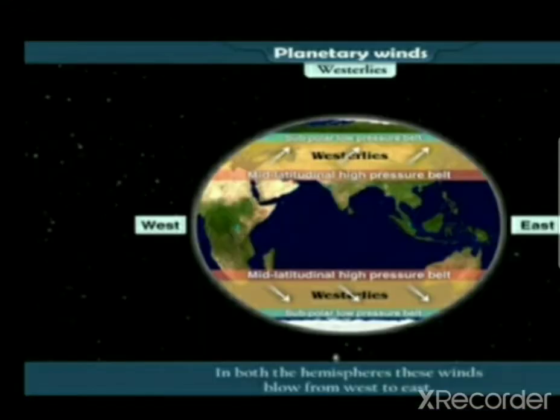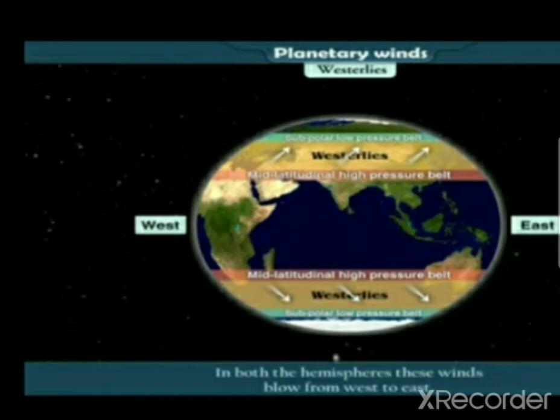In both hemispheres, these winds blow from high pressure areas between 25 degree and 35 degree parallels to the equatorial low pressure belt, and due to the rotation of the earth, their original direction changes. So as the earth is rotating, the original direction of the winds also keeps changing.